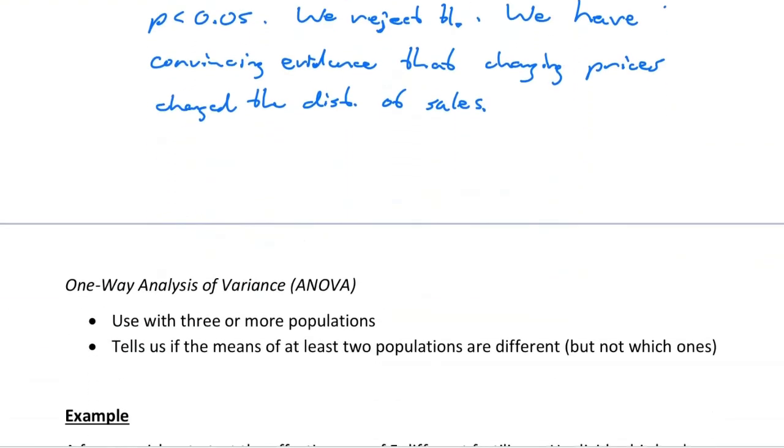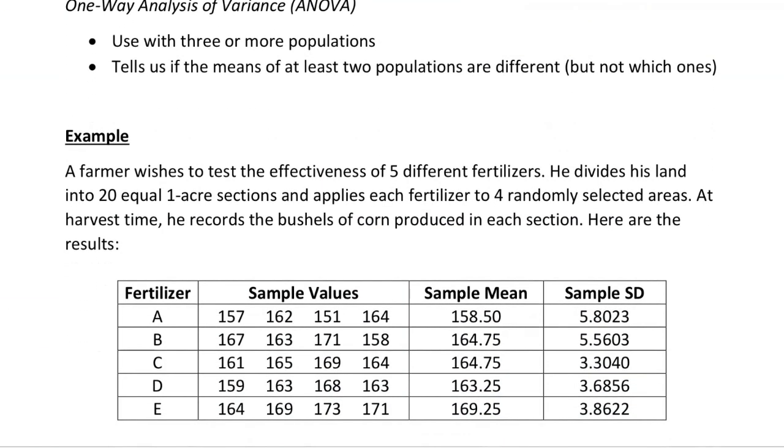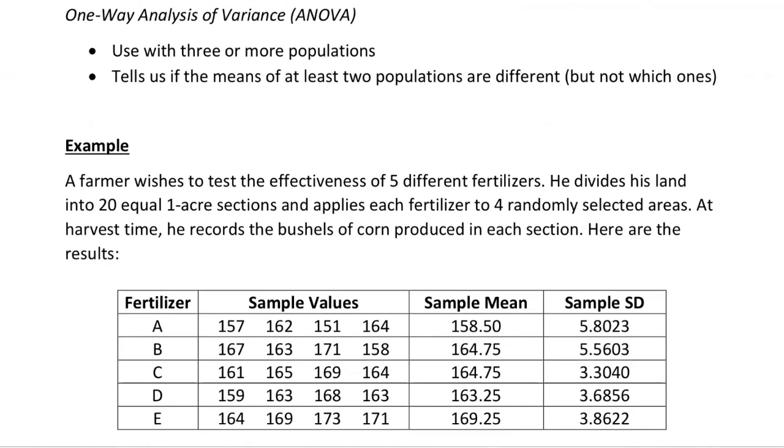Let's move on now, and let's talk about the one-way analysis of variance, or ANOVA, that is in chapter 14. So this is a little bit of a different type of hypothesis test. This is one that we can use when we have 3 or more populations, and we want to compare those populations against each other.